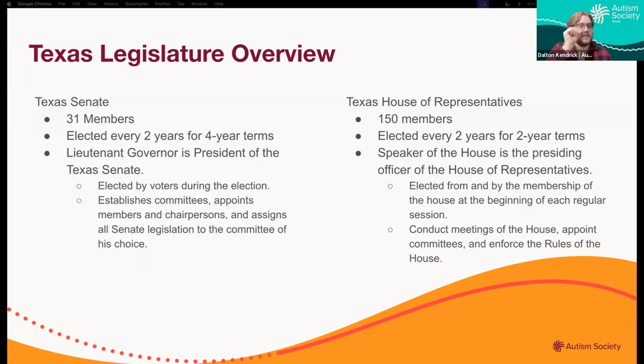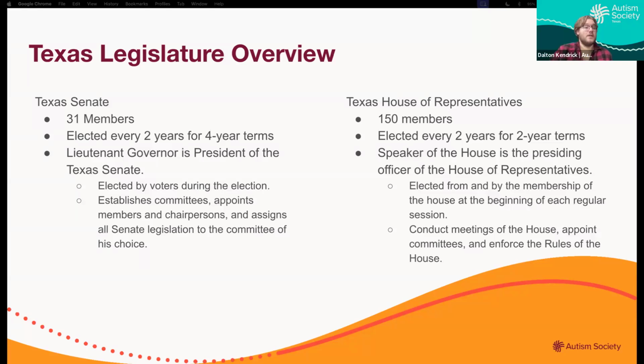The head of the Senate is the lieutenant governor, who's the president of the Senate. He is elected also by voters during the election, which is different from the House of Representatives. So the lieutenant governor is someone that you would see on the ballot. He's not selected from a pool of people already elected to that body.